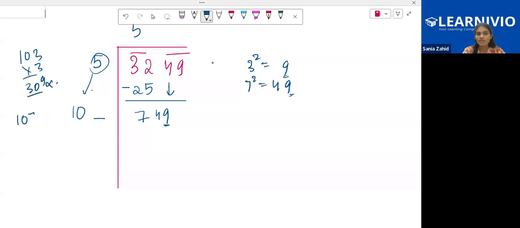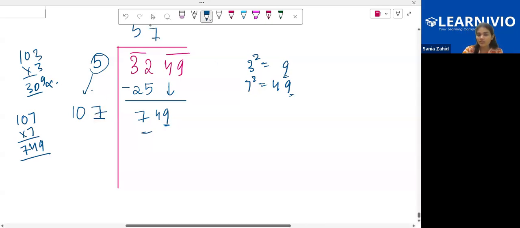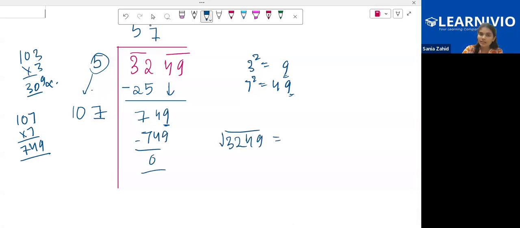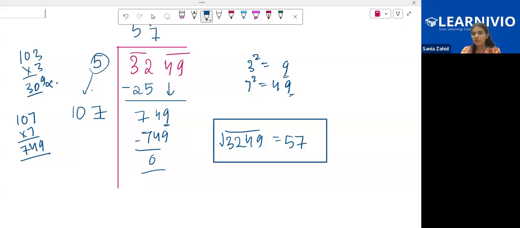Let's check for 7. 107 into 7. What do you get? 7 into 7 gives you 49. 7 into 1 gives you 7. So which number should I put here? It's 7. Exactly. So 107 into 7 gives you 749 and then 0. What is the square root of 3249? It is 57. Okay, children? Understood all of you?